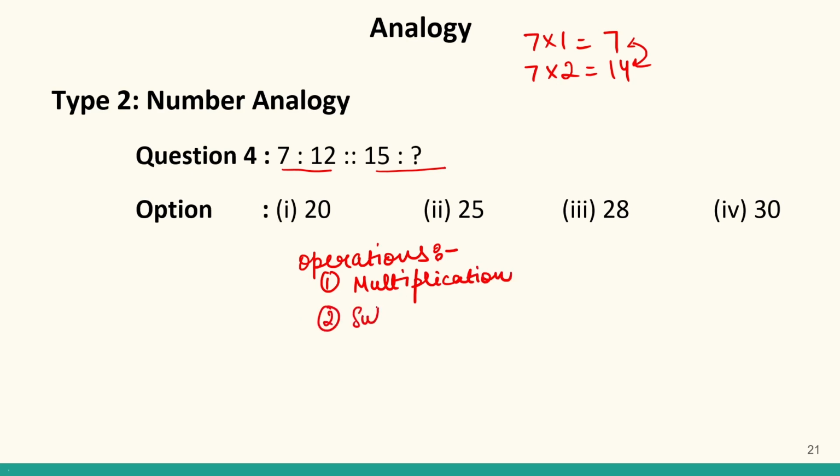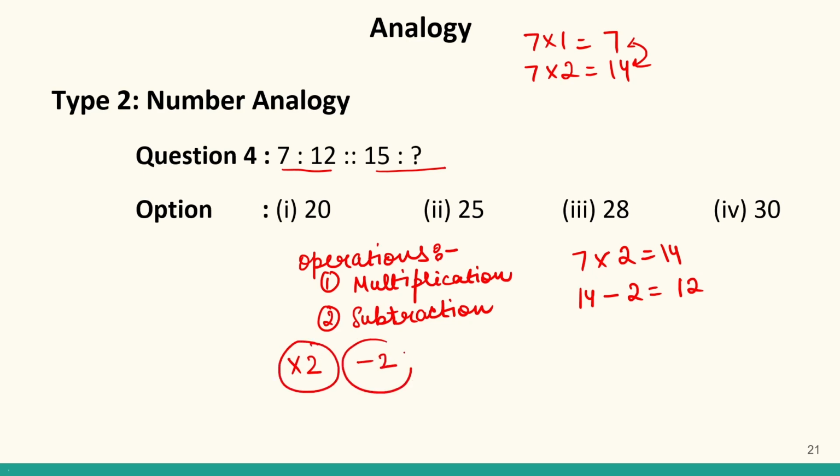And the second step is subtraction. So if I multiply 7 by 2, I'll get 14. And if I subtract 2 from 14, I'll get 12. So this logic is, first we are multiplying by 2, then we are subtracting 2.